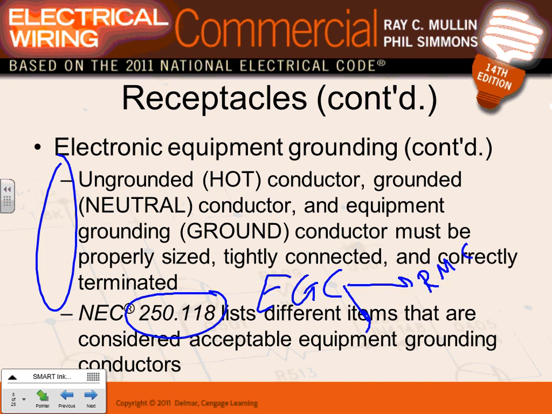Rigid metallic conduit, EMT, and intermediate metal conduit are all approved methods of equipment grounding conductor. Either a separate wire, or most of the time, 99% of the time, rigid metallic conduits are approved as the equipment grounding conductor. Non-flexible metallic conduits.